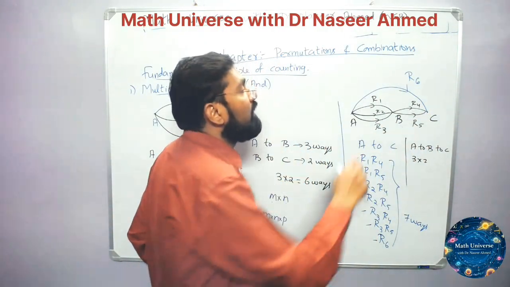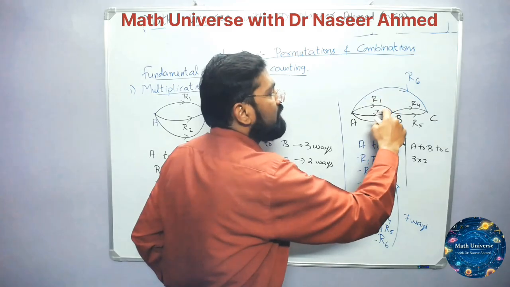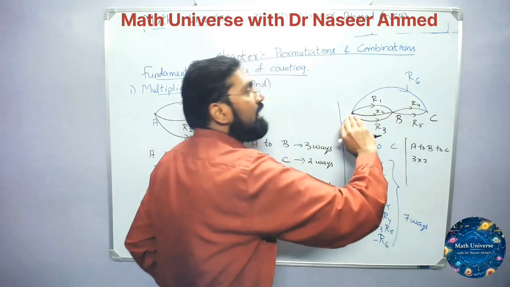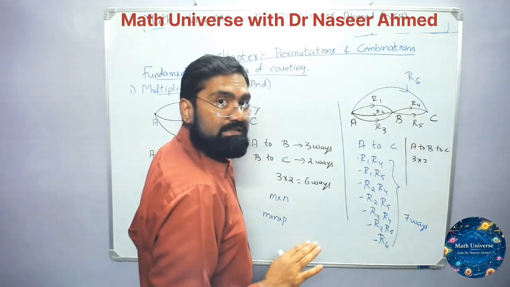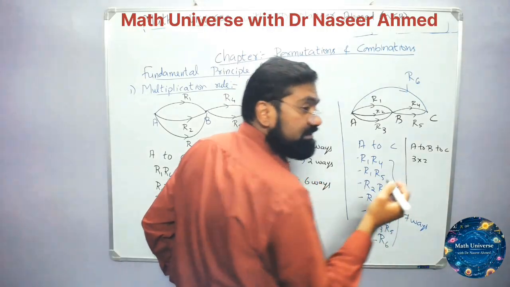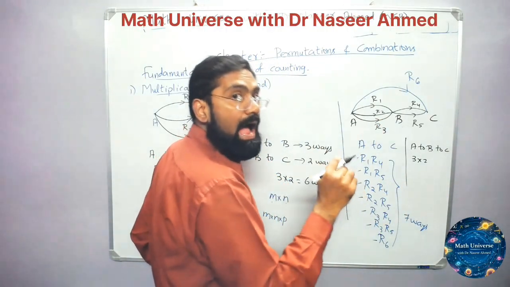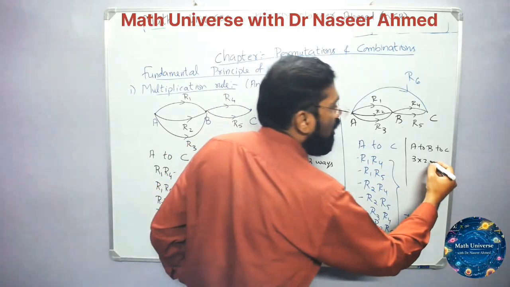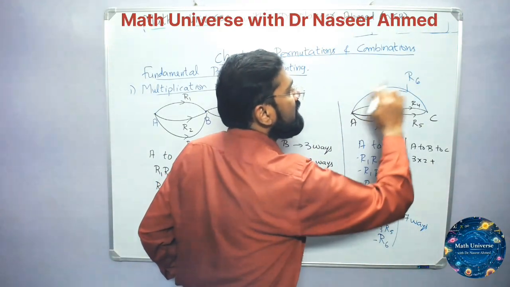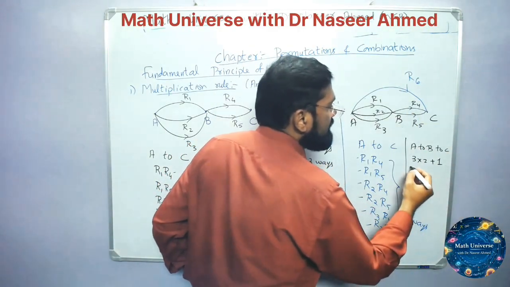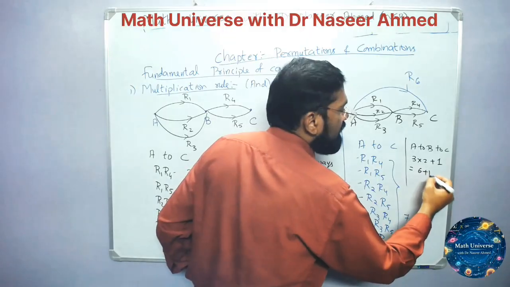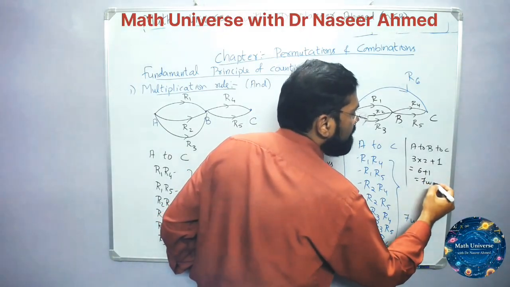OR. Without going through R1, R2, R3, R4 and R5, I can also reach C from A directly. Since I'm not going to depend on that, there is nothing like AND, so it can be OR. As soon as I say OR, plus. How many ways? Only one way. So the answer will be 3 2s are 6 plus 1, nothing but 7 ways.